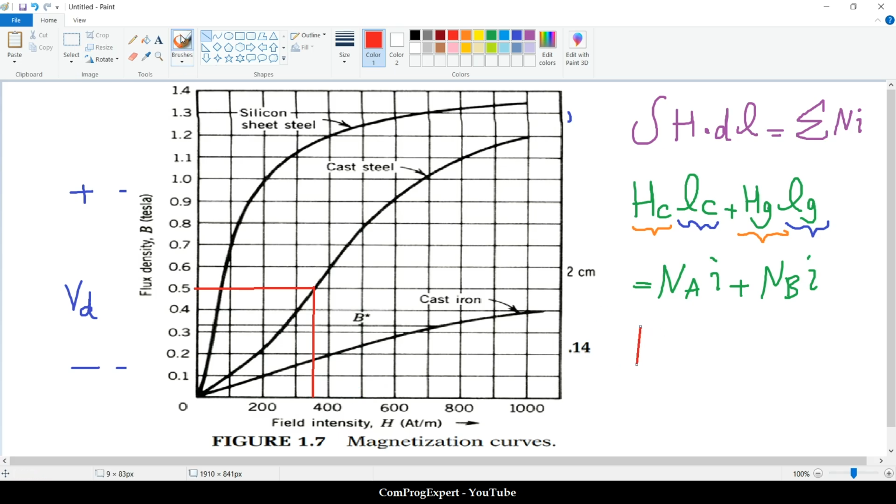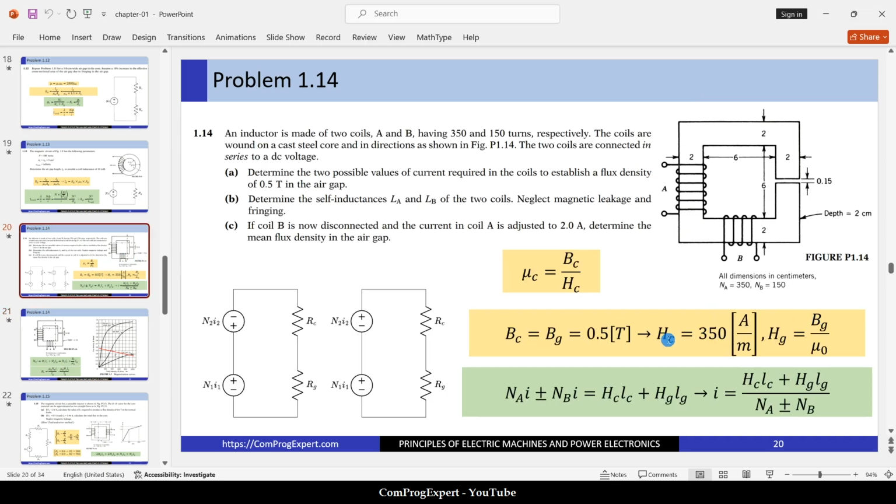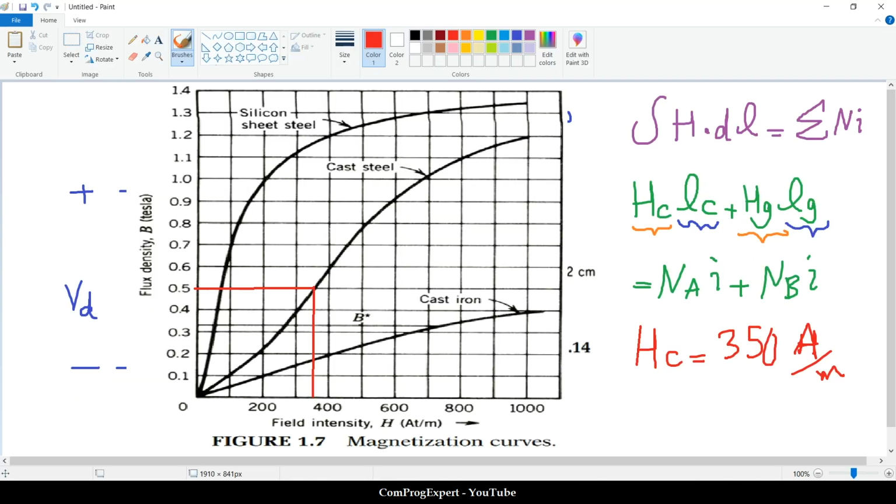So this is the value of H core, 350 ampere per meter, interpolated from the graph considering the value of B core equal to 0.5 Tesla.